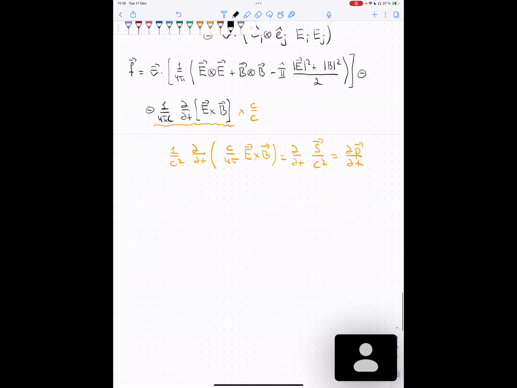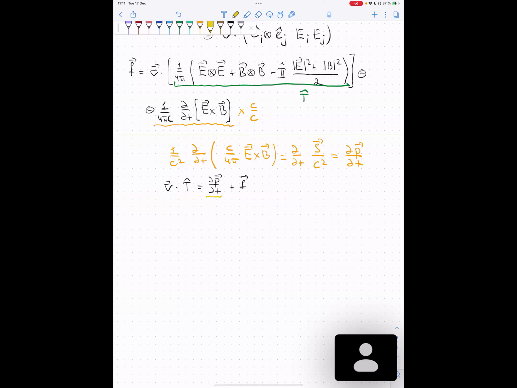And the final expression is the following: divergence of the big guy, which I label as T, equals dp over dt plus f.